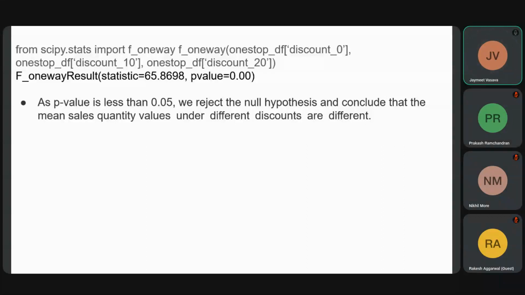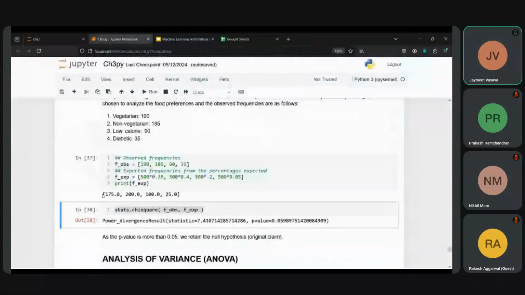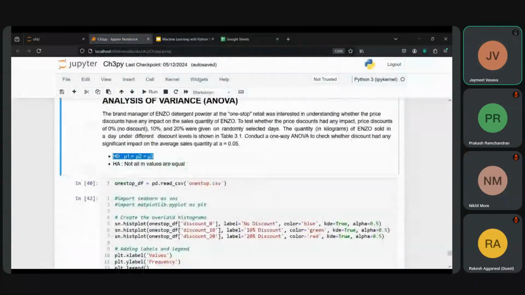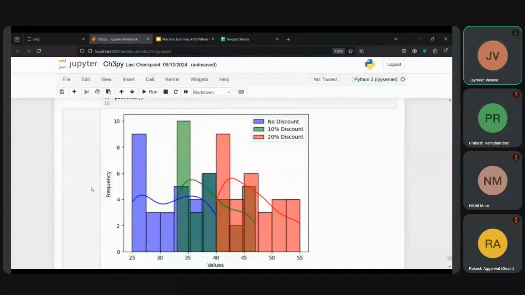This is our null hypothesis. This is our alternative hypothesis. When we plot the graph, this is the graph we get for our plotted values.